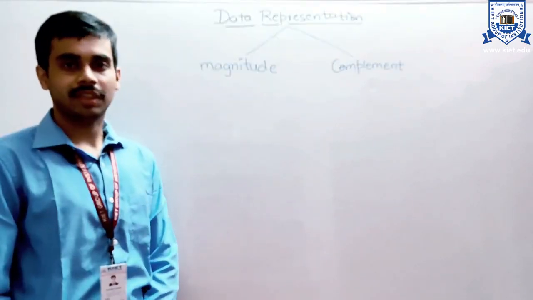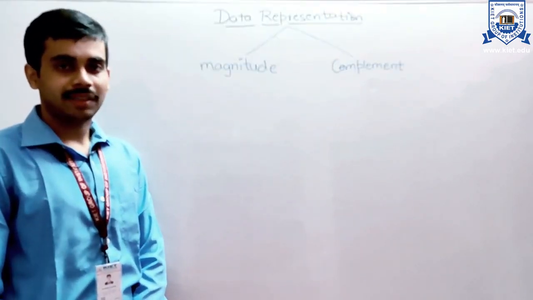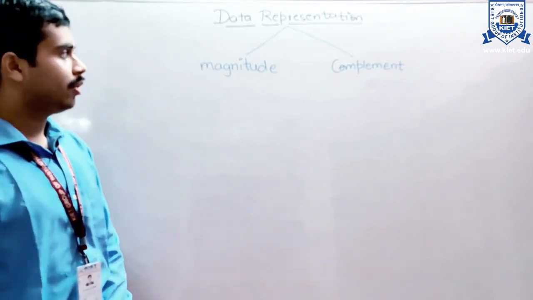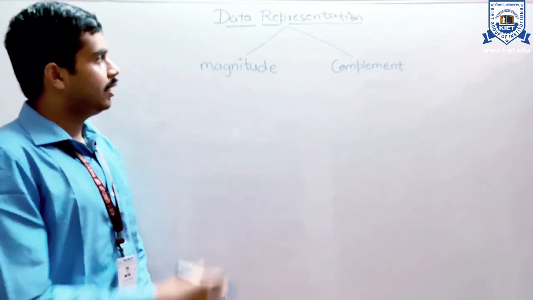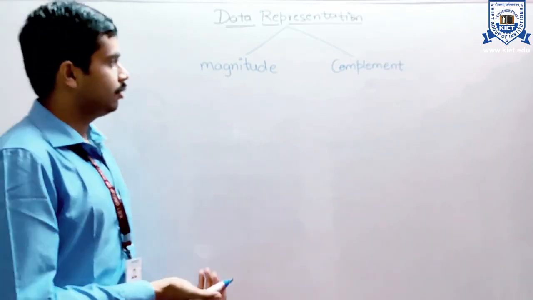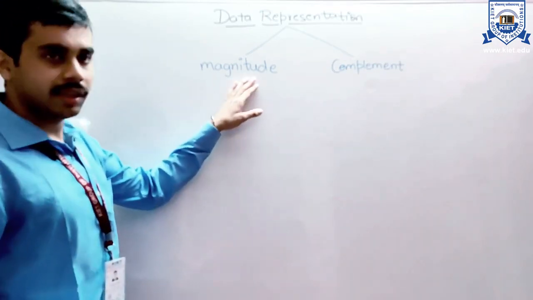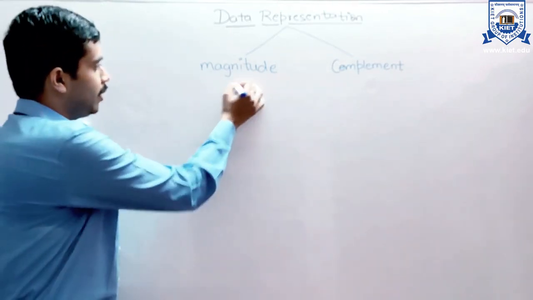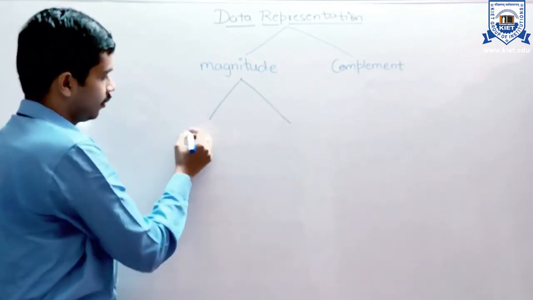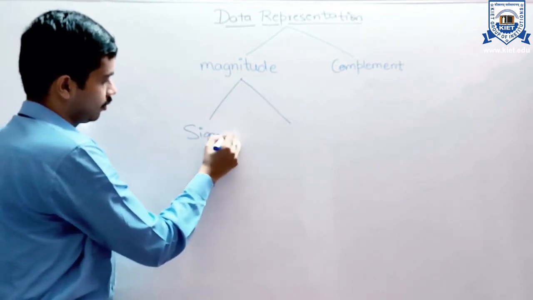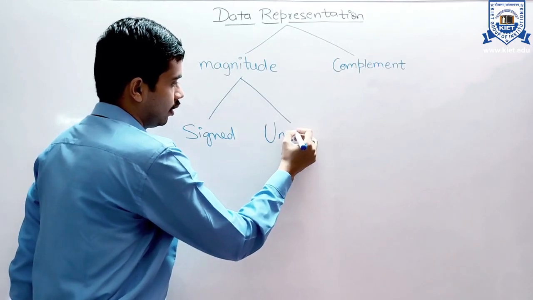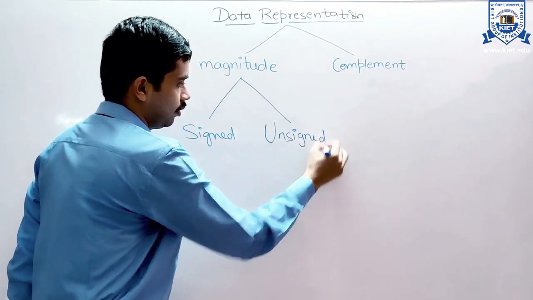Now coming to the next point, what are some formats in which we can represent our data? Broadly we can divide these formats into two parts. First is based upon magnitude, second is based upon complement. Based upon magnitude we have two types. First is signed magnitude, and second is what we generally use, that is unsigned magnitude.